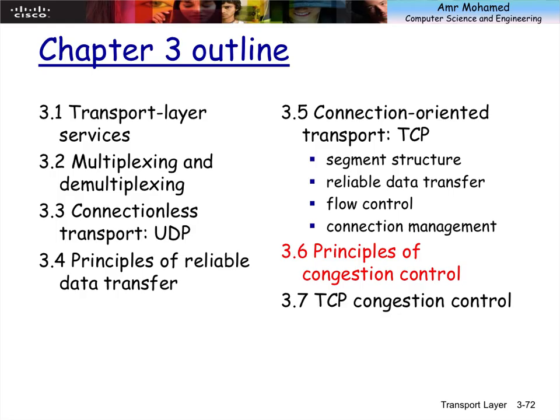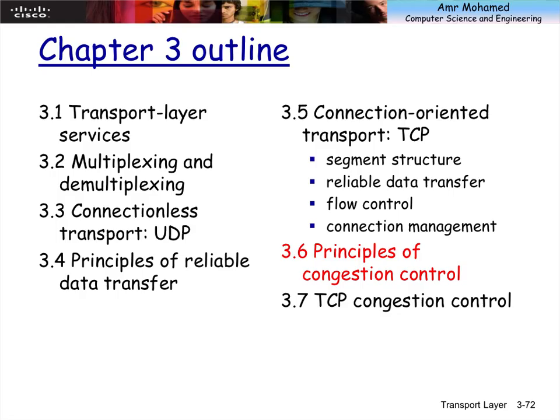So I can put some cars in at the entry point of the highway and pray that this will not get to a traffic jam in the middle. I don't know, right? So even though we have no complete visibility in the network, we need to regulate the transmission rate at the sender to try to avoid that, okay?